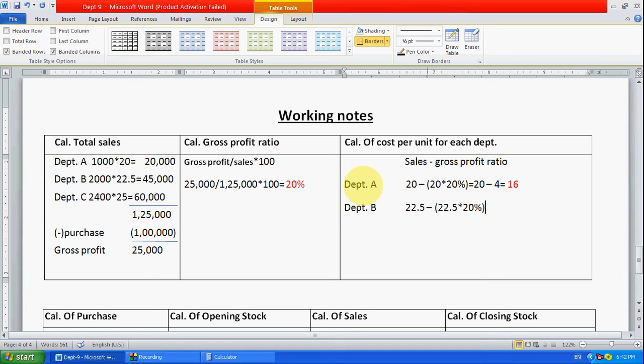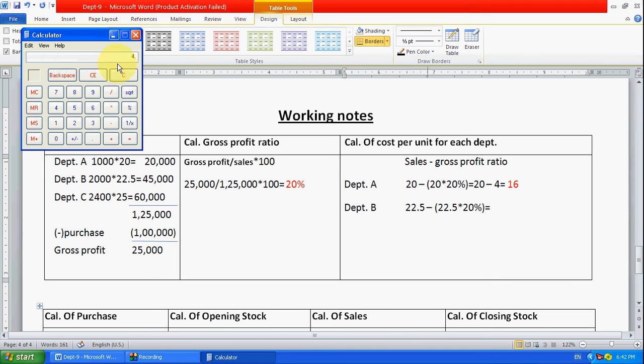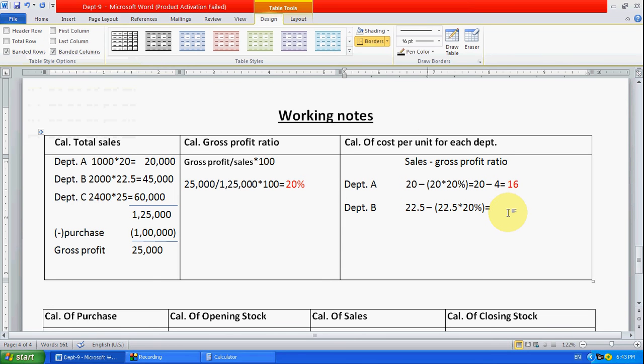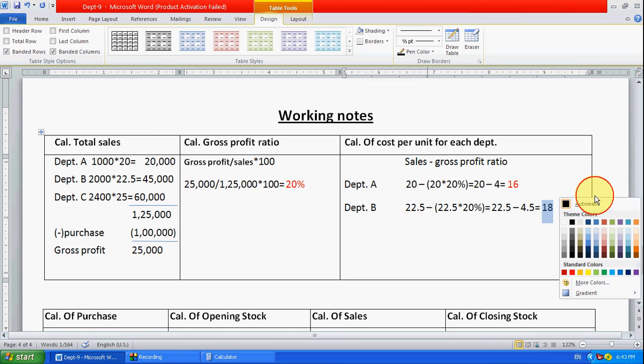Check how much we are getting, 22.5 into 20%. Let's check on the calculator. 4.5 is there, so we are getting 4.5. If we deduct 4.5 from 22.5, we will get the answer 18.